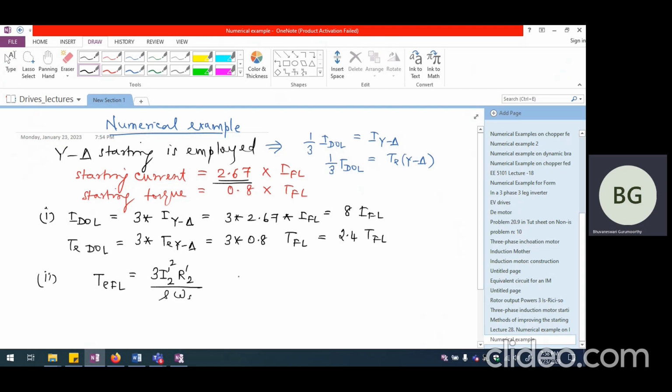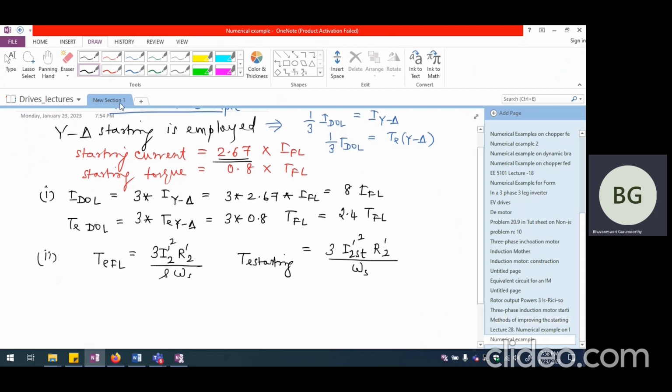Whereas if you talk about TE starting, we should write this as 3 I2 starting dash square R2 dash divided by slip during starting, which is 1. So I have to simply use omega S.